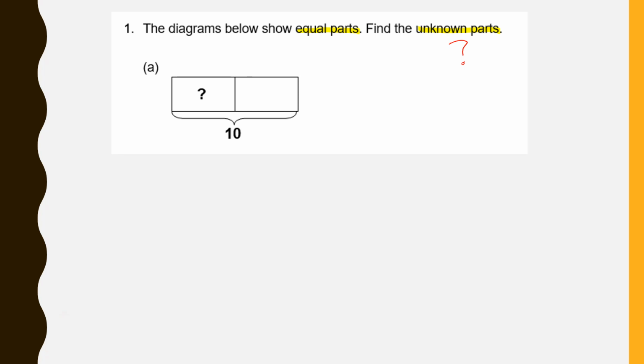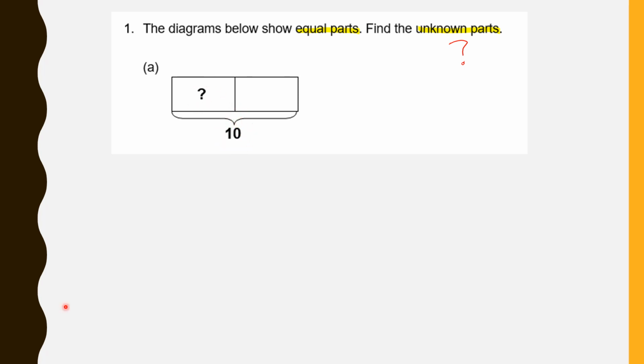Now, because they are equal parts, you will notice that these two boxes, 1 and 2, are of the same length. And this will be the same for the rest of the questions in this page and the next page. There's a given total here and there's an unknown part.